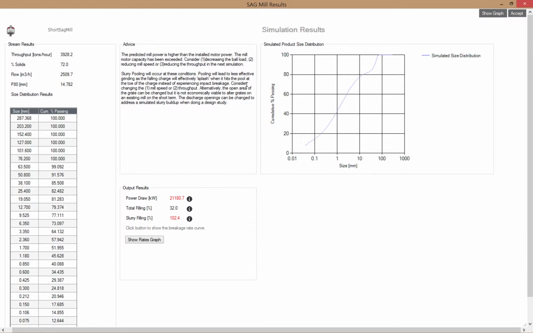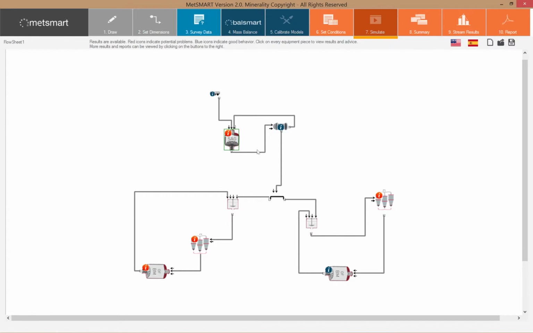The software tells us that we could consider changing the mill speed to solve this problem. So out of the simulation, we can see that changing the mill speed would probably be the most viable option of what you can do.